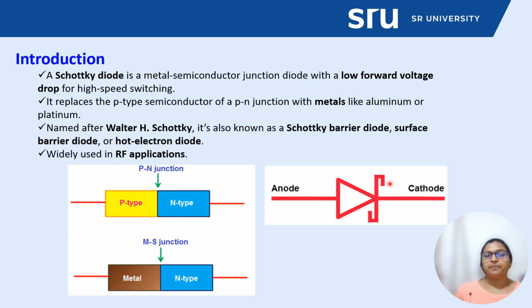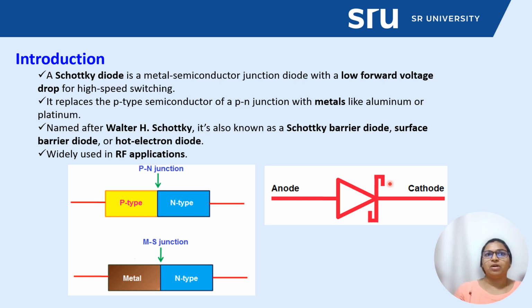So let us discuss the differences between the Schottky diode and the normal PN junction diode. The Schottky diode switches on and off much faster than the PN junction diode, and it produces much less unwanted noise than the PN junction diode.